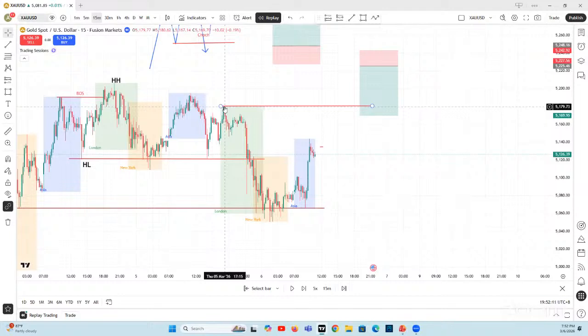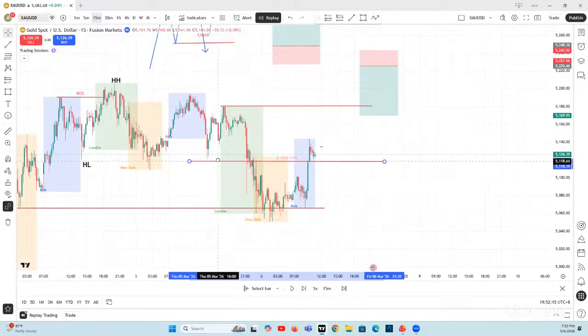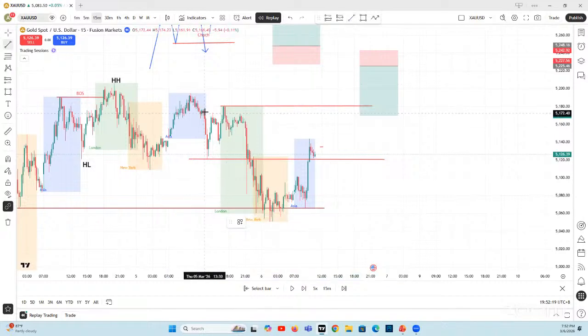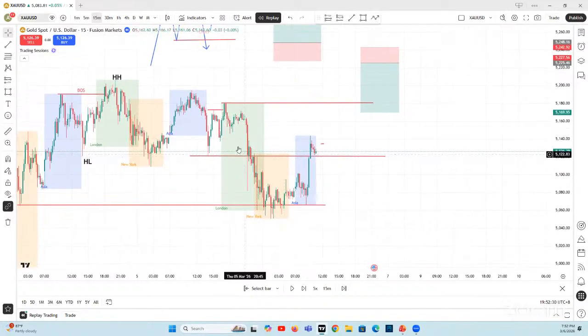Okay, and that's it. And then before it made this break, it was going in an uptrend. So this was the last. Okay, and that's it. That is your trading range that time.